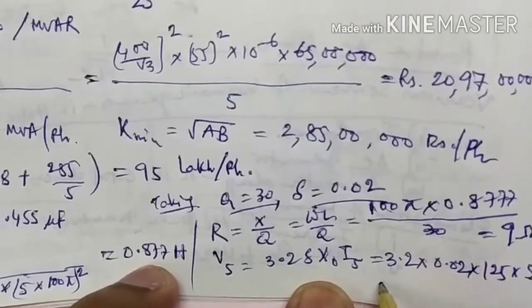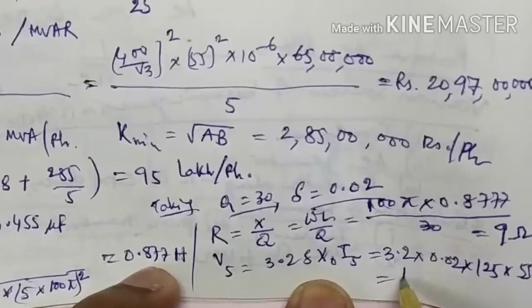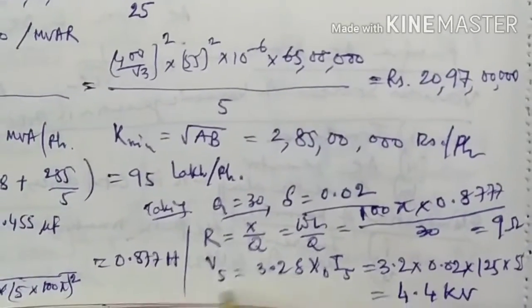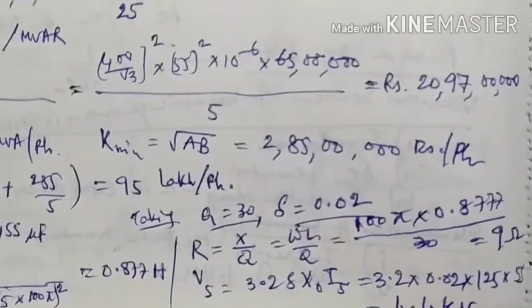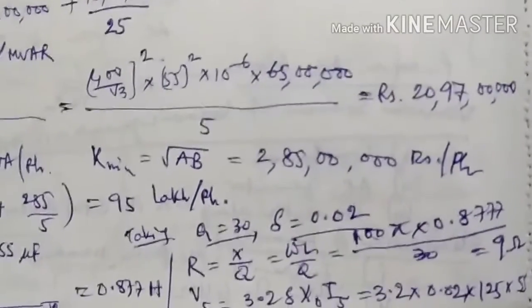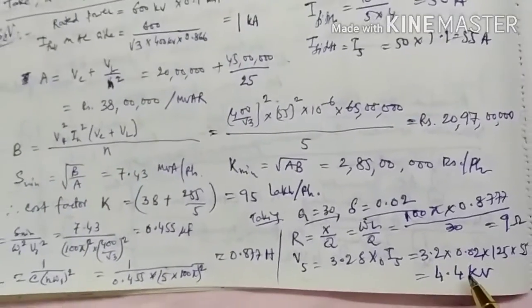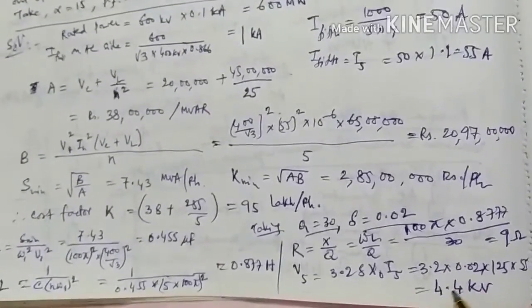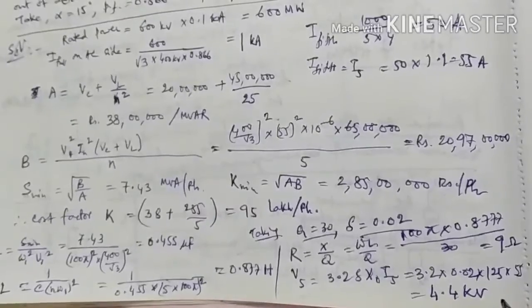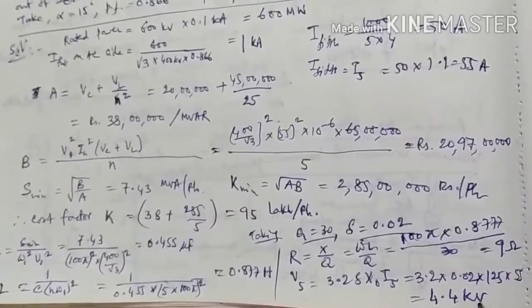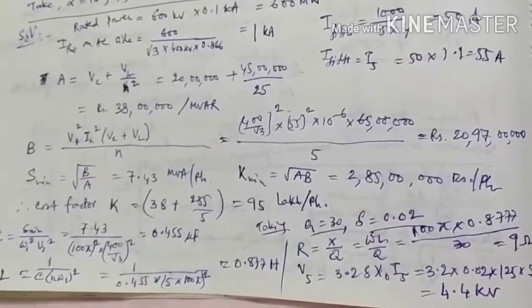So that will be equal to 4.4 kV, V5. So note that this is nearly 2% of V1. V1 is the fundamental voltage and harmonic voltage should be kept around 1%. As such, the filter size should be doubled.